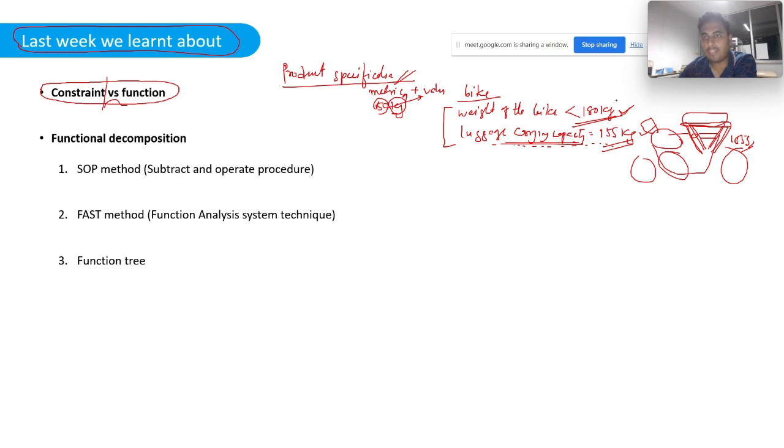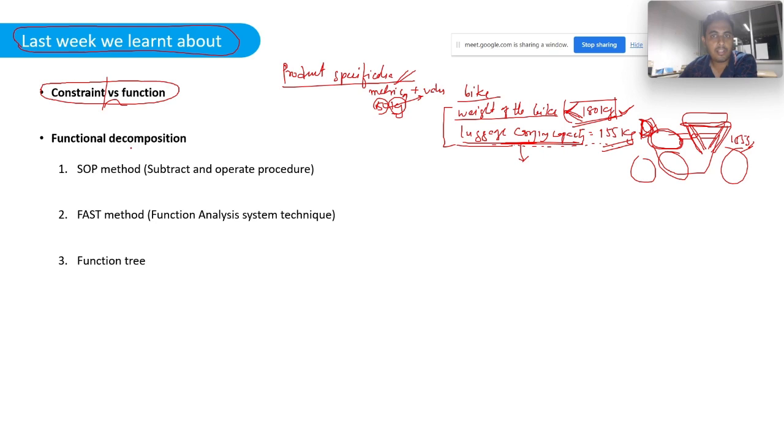So we don't have direct control on the weight, but it's a number that we get after deciding various components and parts of the design. We kept that as a constraint because we cannot go straight to deciding on that specification. We cannot design upon that, but we can design upon luggage carrying capacity, so we consider it a function.